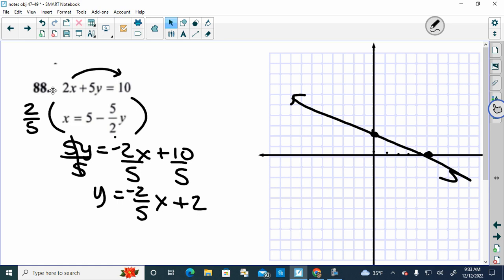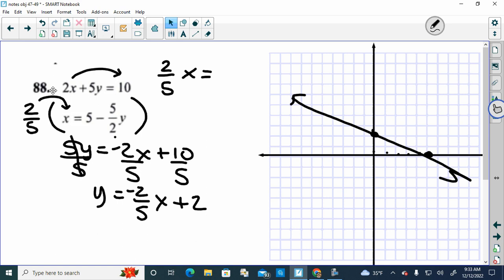It's okay to have a fraction in front of the x, right? But just not in front of the y. So we want to totally get rid of that fraction, not just the 2. We want to get rid of the 5 as well because we want to get y by itself. So when I distribute this to here, I would get, so I'm going to write this up above, 2/5 x.